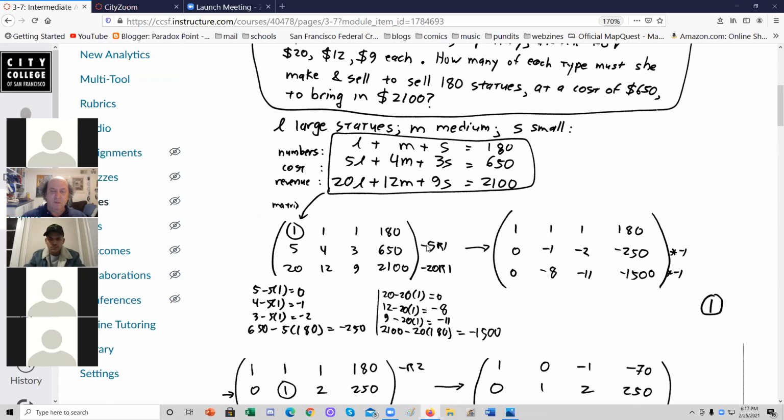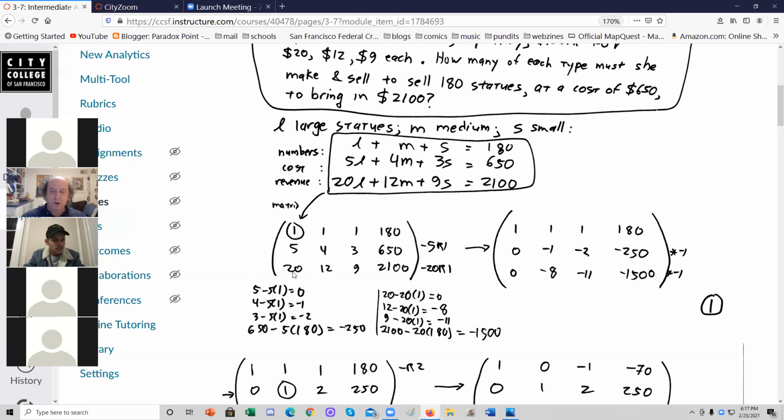Okay, 5 minus 5 times 1 is 0. Put a 0 here. 4 minus 5 times 1 is a negative 1. Put a negative 1 here. 3 minus 5 times 1 is a negative 2. Put a negative 2 here. And 650 minus 5 times 180 is negative 250. Put a negative 250 here.